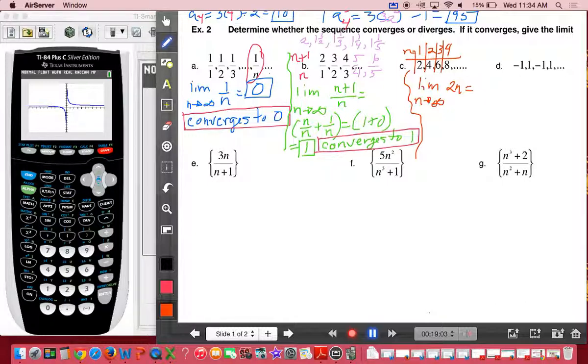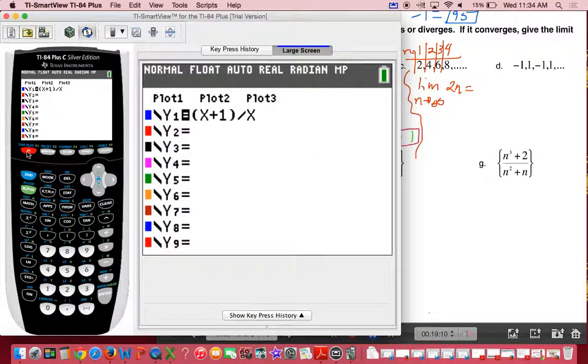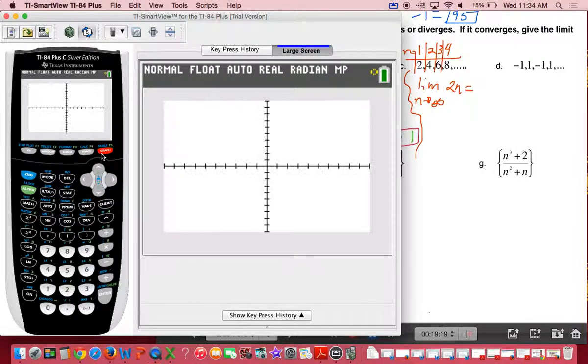It's a straight line. And so if you go over here and plug in 2x and graph it, you're looking at a straight line. So as x approaches infinity this way, what's happening to the value of y? It's approaching what?